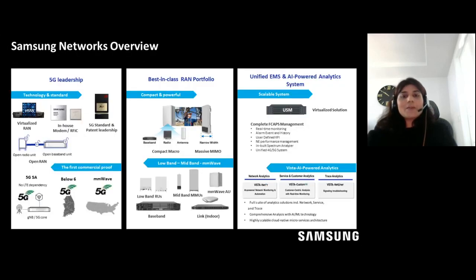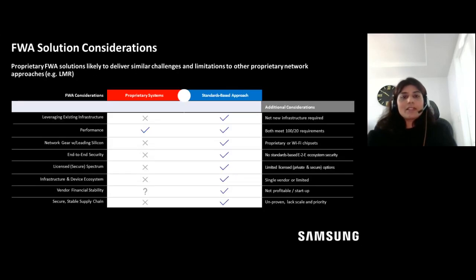Now, before I get into specific Samsung solutions, I wanted to touch base on proprietary solutions versus standard-based FWA solutions, right? If you look at standard-based versus proprietary solutions, some of the points where standard-based solutions could be more beneficial is, number one, leveraging existing infrastructure.